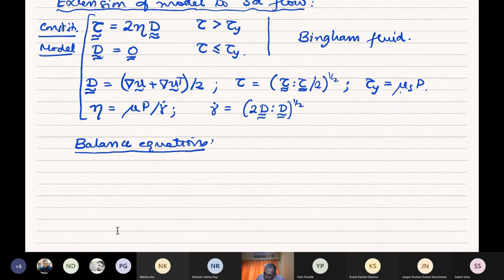And those are the continuity, which is just divergence of u is equal to 0.